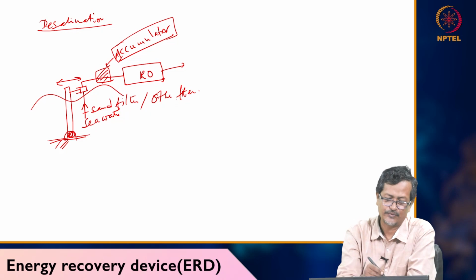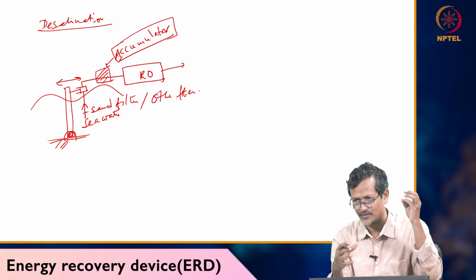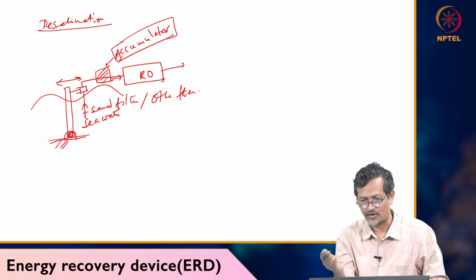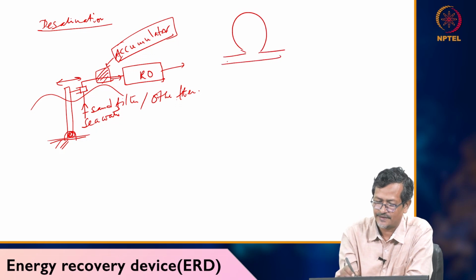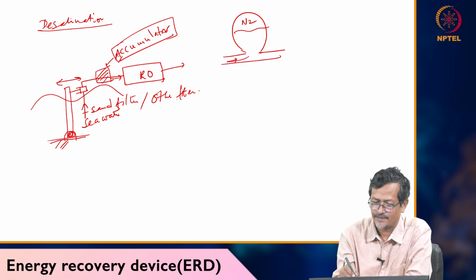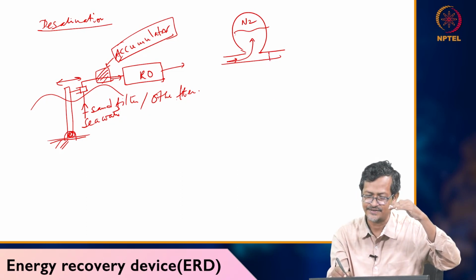So what you do, you put one accumulator. What will the accumulator do? It will absorb all the pulsed water and give uniform flow to the RO module. How do accumulators work? An accumulator is like this. I have an input, an output, and this is a nitrogen filled dome. When water is coming, it enters and the nitrogen gets compressed, and we have one valve which normally will not open.